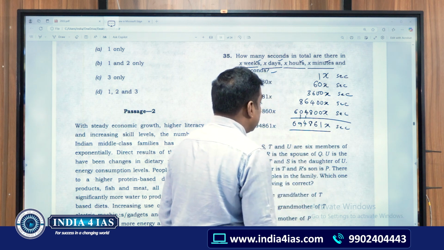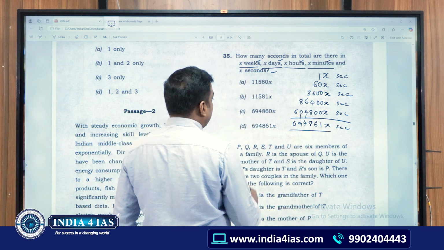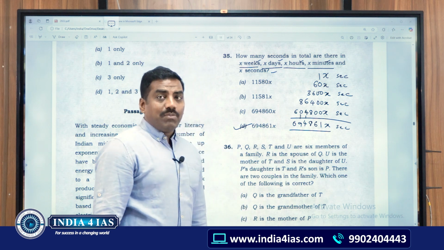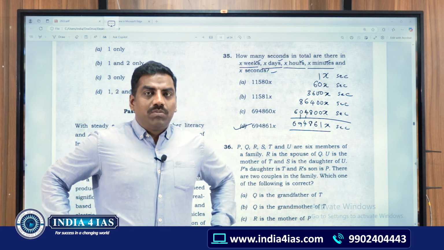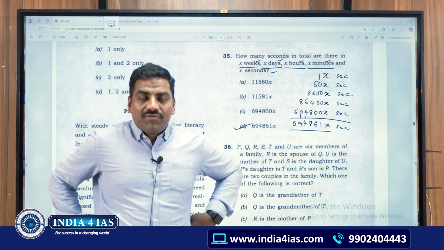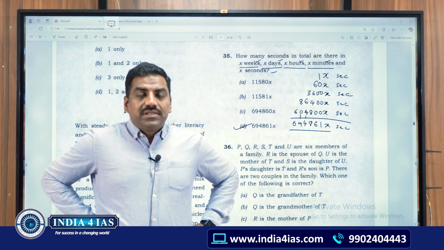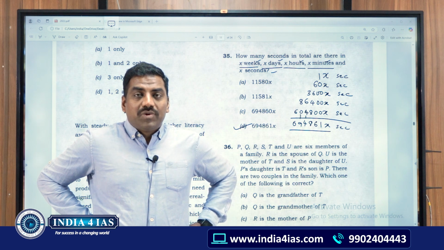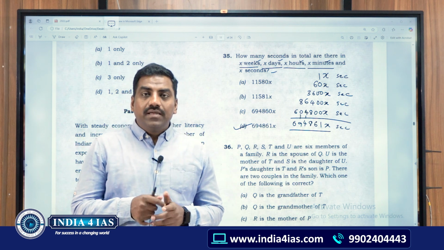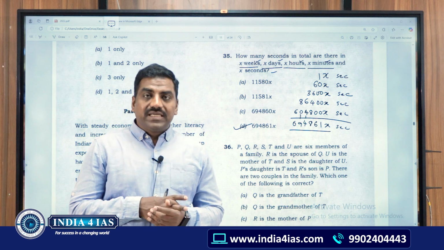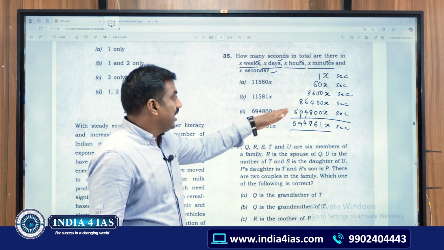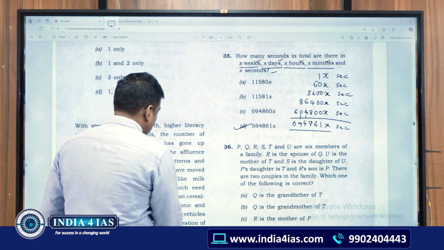So this is 6,94,861x seconds. This is straight away the multiplication and the addition problem, but a bit confusing because what confuses you is that for x you have to take that as 1x, then 60x, 3600, then 24 into 7. So finally we will get this much.